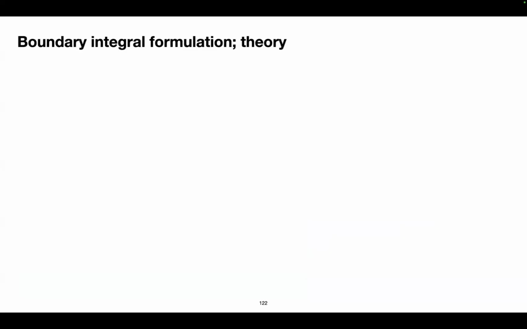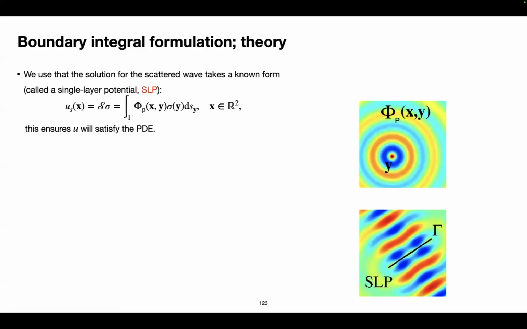Okay, so I'm going to solve this PDE via something called a boundary integral equation. So again, a slightly technical slide incoming, but I'm going to talk you through it. The idea behind an integral equation formulation is that the solution takes the form of something known.